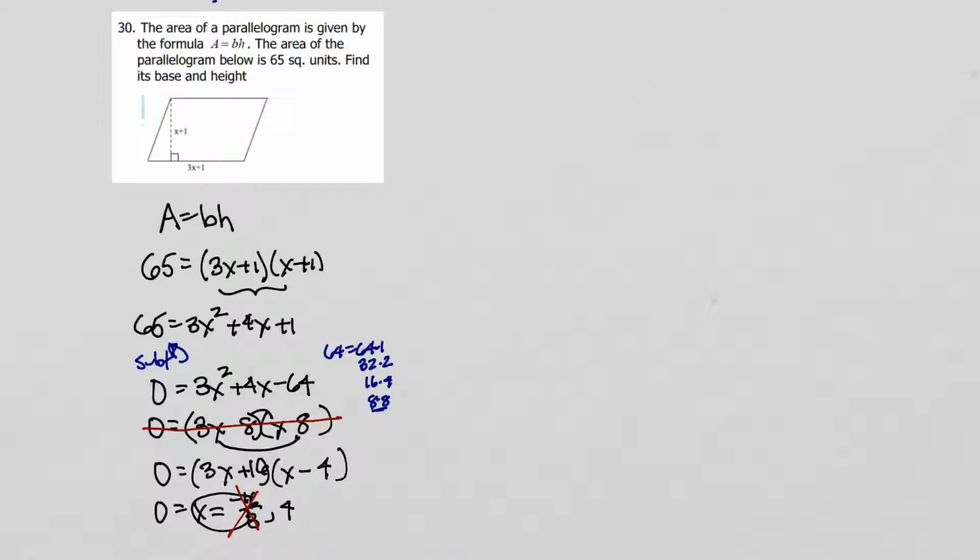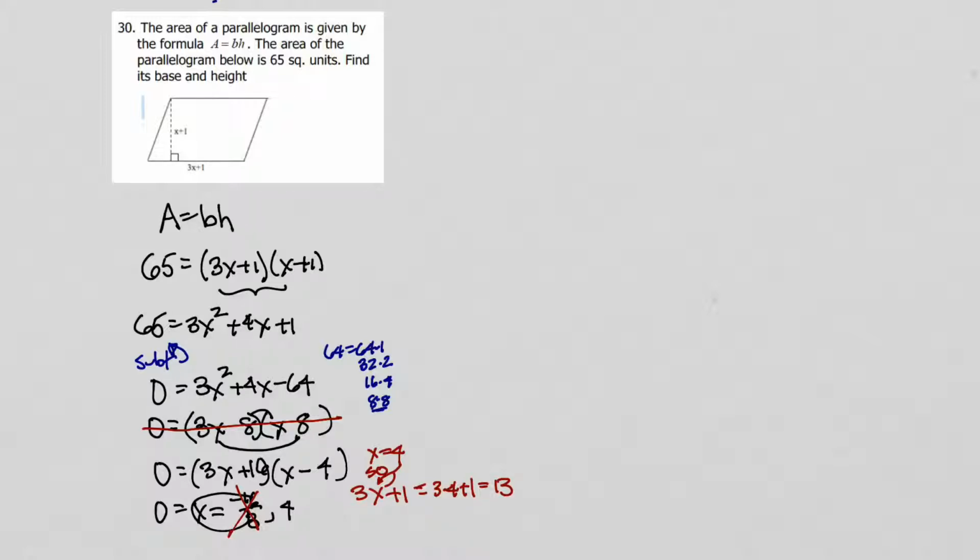So x is 4, so we're going to conclude now that x is 4, so then what do we get for the base? The base is 3x plus 1, so let's write that. So we get 3 times 4 plus 1, looks like 13.